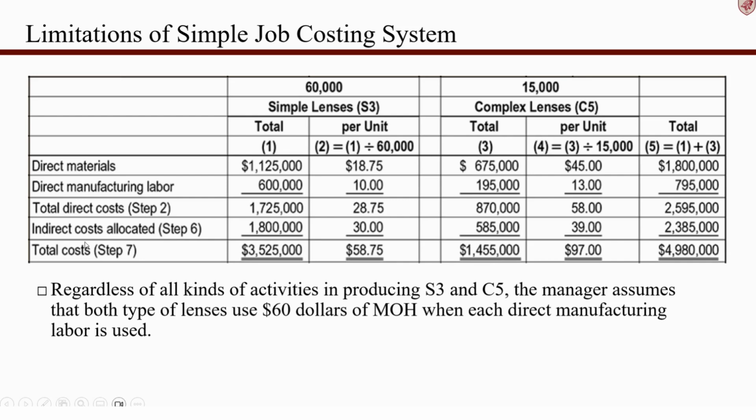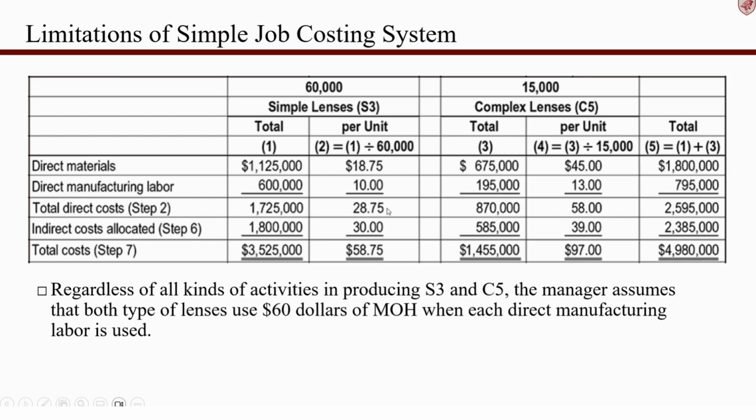In terms of the indirect costs, they are allocated based on labor hours at $60 per labor hour. So regardless of how much they actually consume the indirect cost, the allocation approach is based only on how many labor hours are consumed by different types of lenses. So this is what you get.